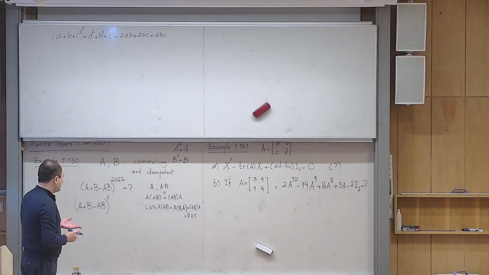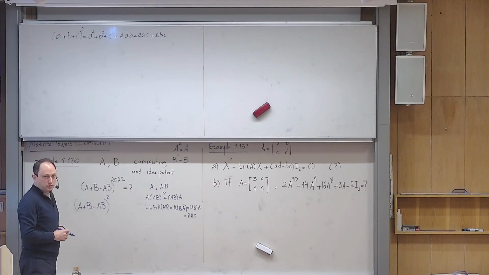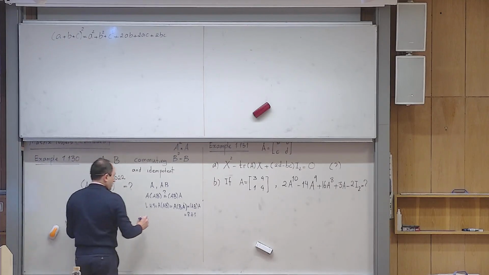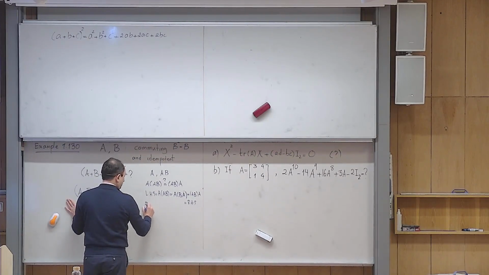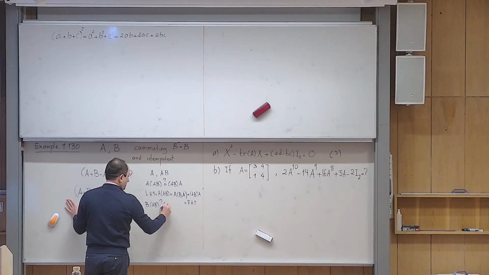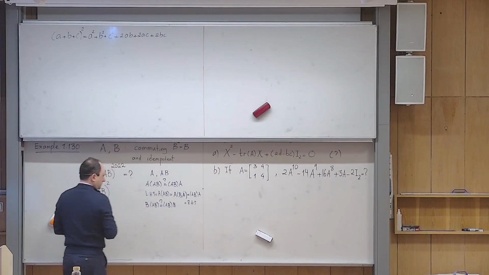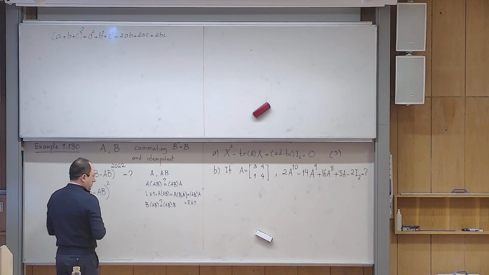For the same reason, B and AB also commute, yes? You can also check that. So B and AB, I want to see if it is true that this is AB times B. How should I do that?